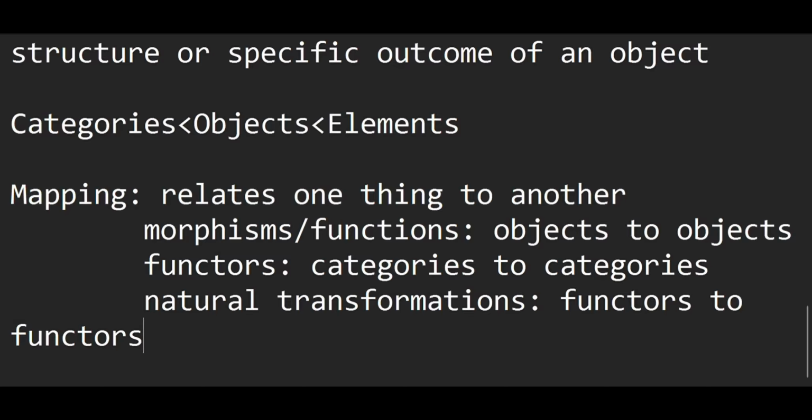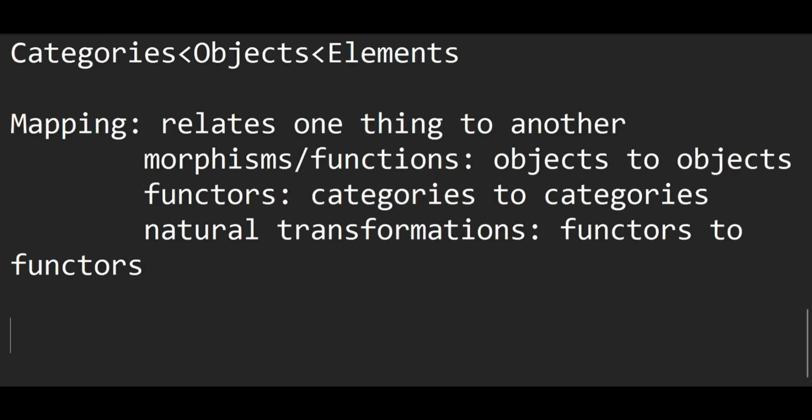And when it comes to categories, objects, elements, and maybe even mappings, they can all be nested inside each other. Think of it like Russian dolls, right? Those little Russian dolls that you see in antique shops or something like that. When you add the prefix sub in front of one of these four things, you can put it inside of another thing.